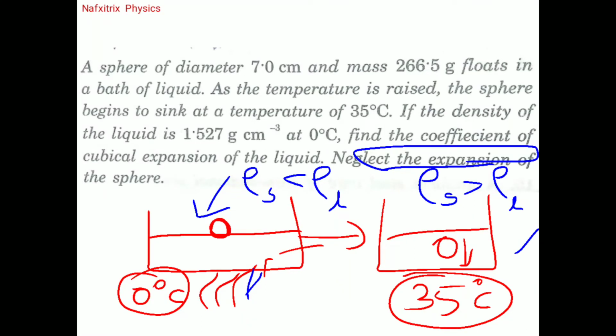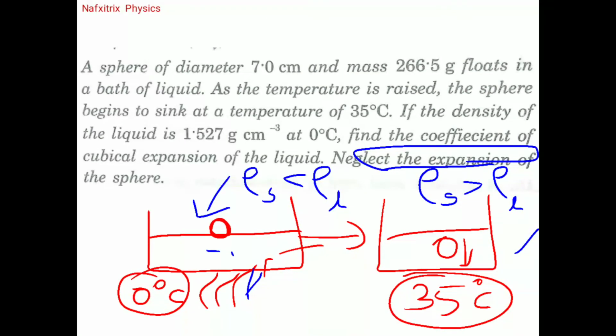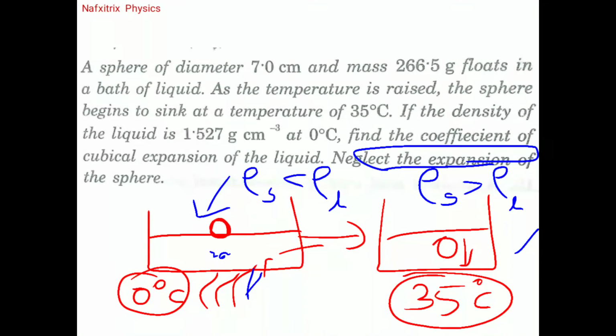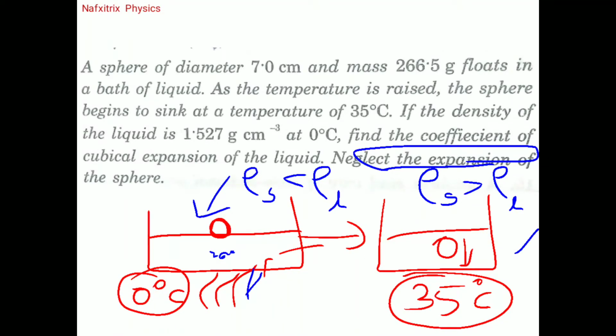If we neglect the expansion of the sphere and keep that aside, what happens on heating? That we first need to understand here. Initially the molecules will be very close to each other. But when we heat, they move apart.